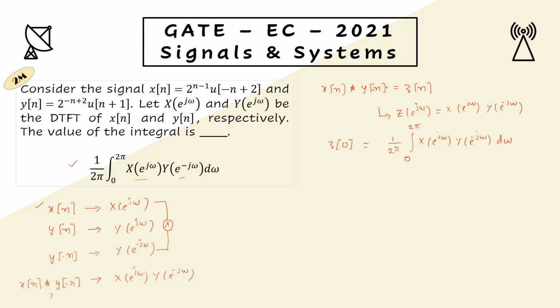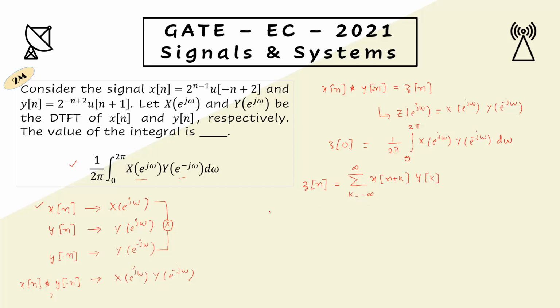But what is z of n? z of n is nothing but the signals x of n and y of minus n convolved with each other. If you remember the signals and systems class, especially the LTI systems topic, this is nothing but the cross correlation between the two signals x of n and y of n, which is summation k equal to minus infinity to infinity x of n plus k multiplied with y of k.